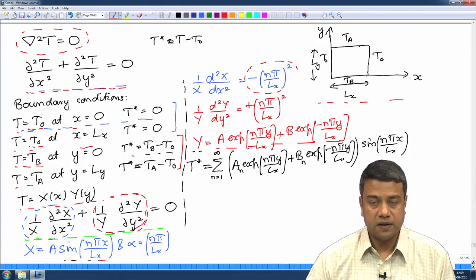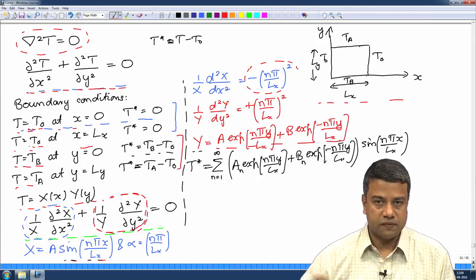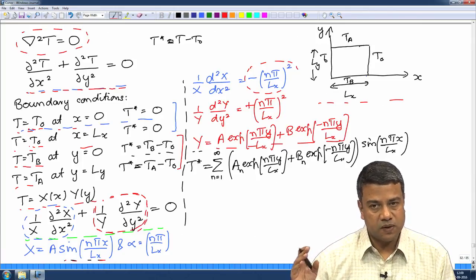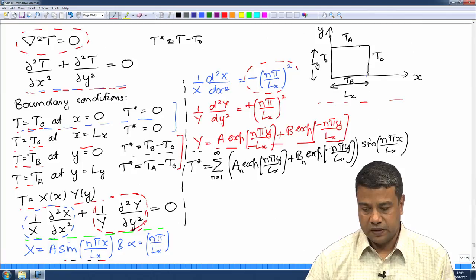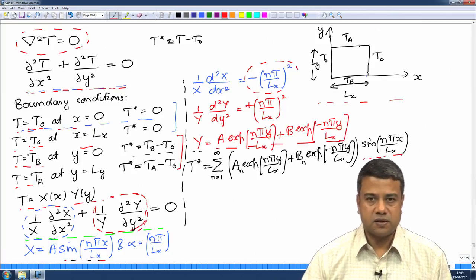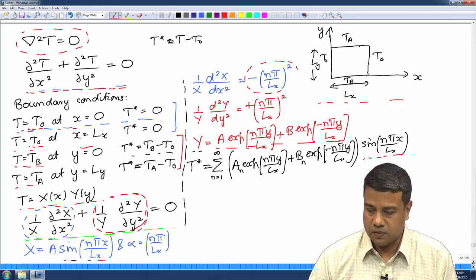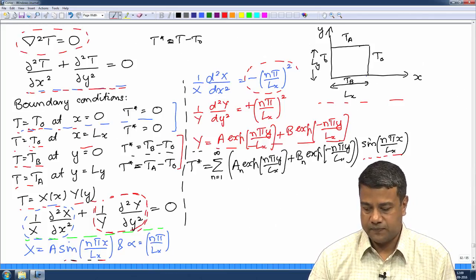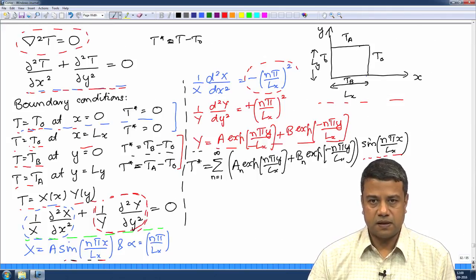If it is negative, then I get sinusoidally oscillating functions which go through 0 multiple times, and therefore I can get a sine function which ensures that the solution is 0 both at 0 and Lx.